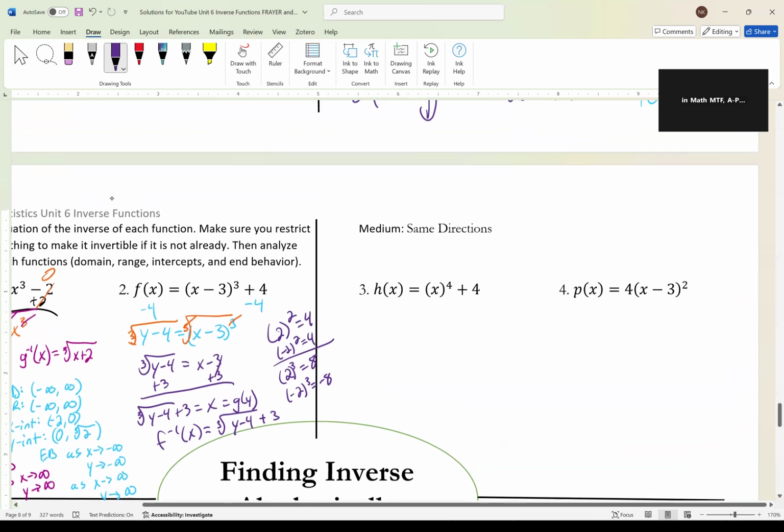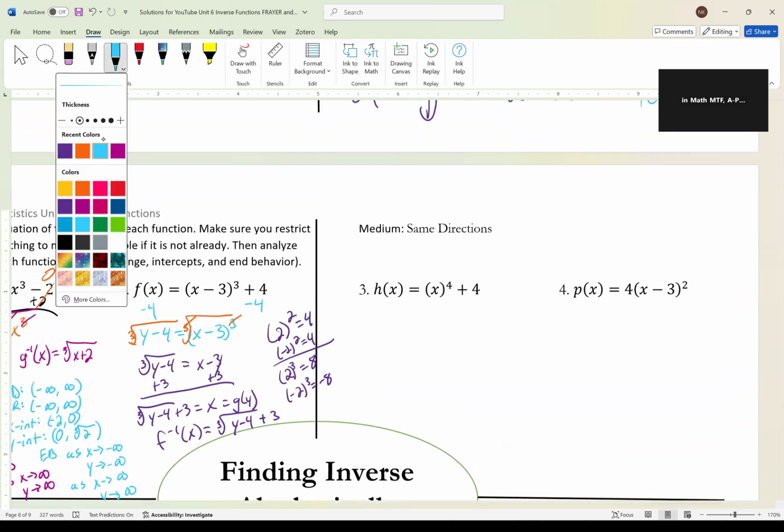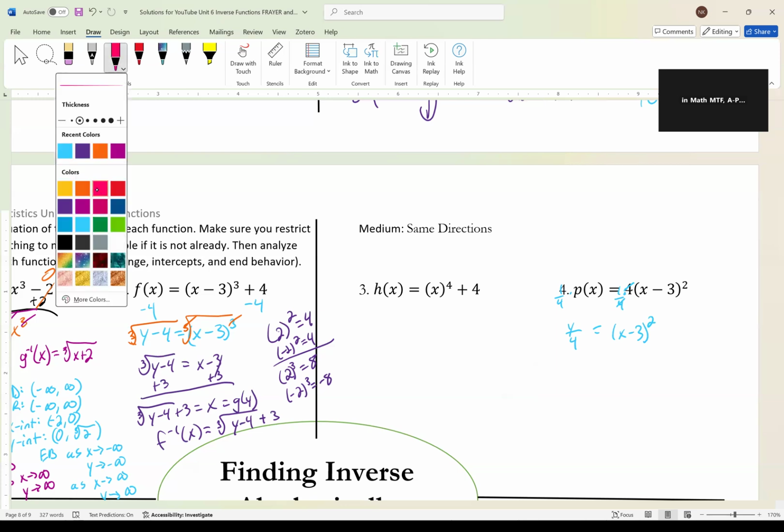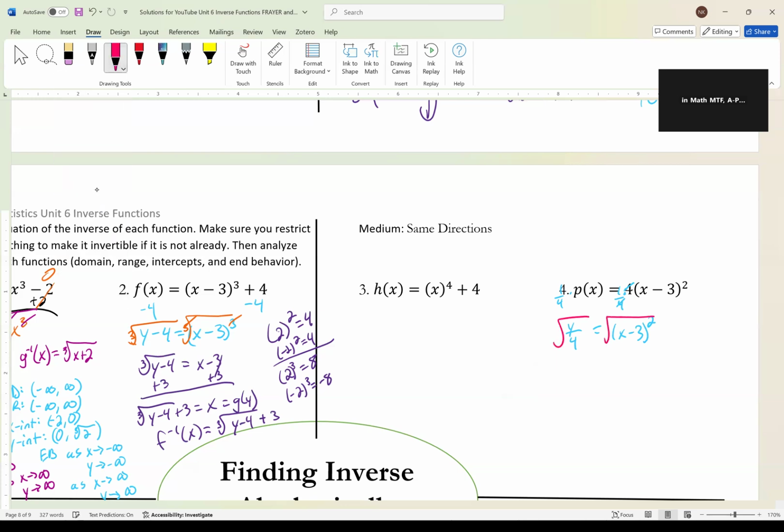The first thing I would want to notice is there's a few ways to actually do this, but the easiest is to undo the multiplication, right? It's x minus 3, following the order of operations, the parentheses. Then x minus 3 is squared, the exponent, and then multiply by 4. So I take a fourth of that, or I divide by 4. So y divided by 4, or 1/4 of y, is equal to x minus 3 squared, square root.